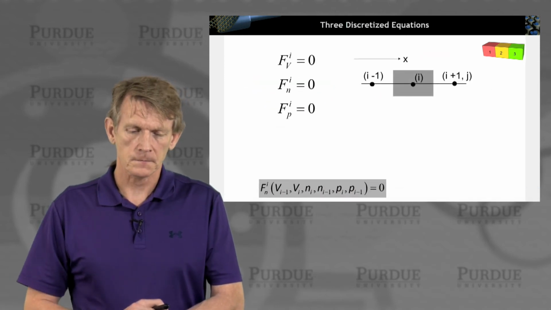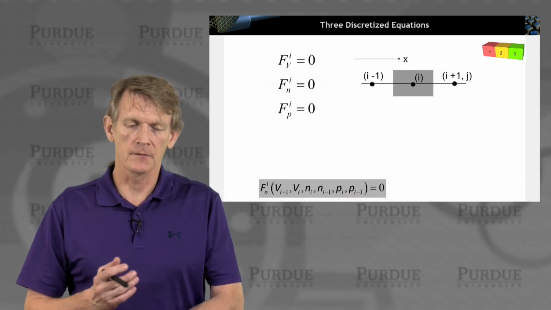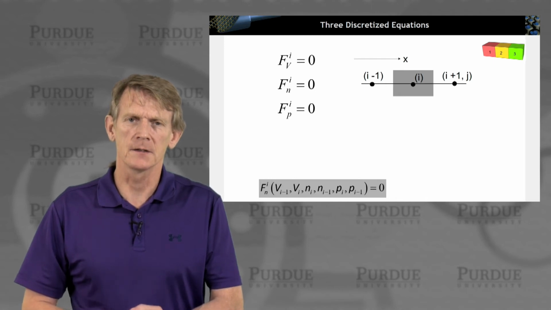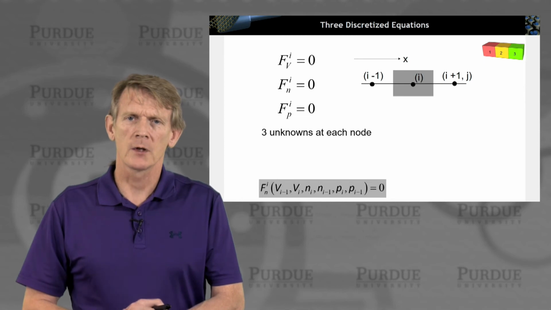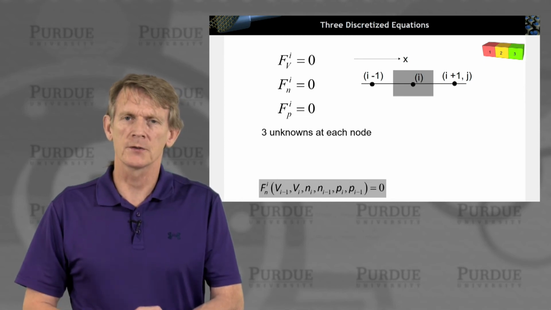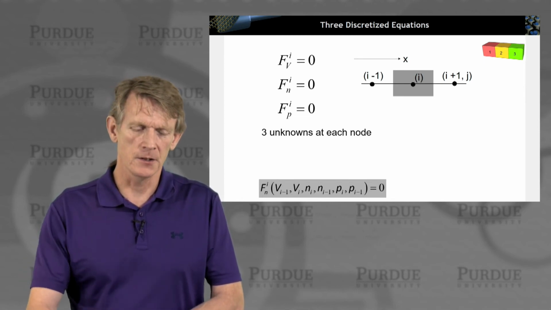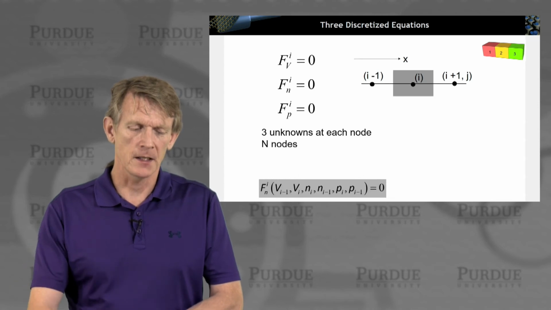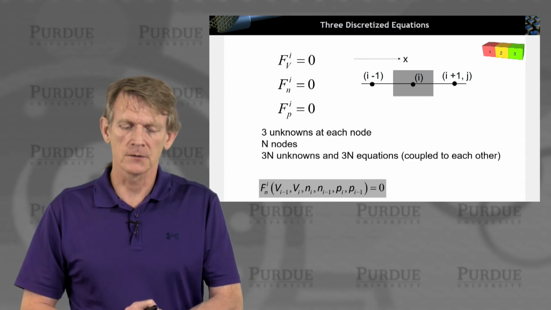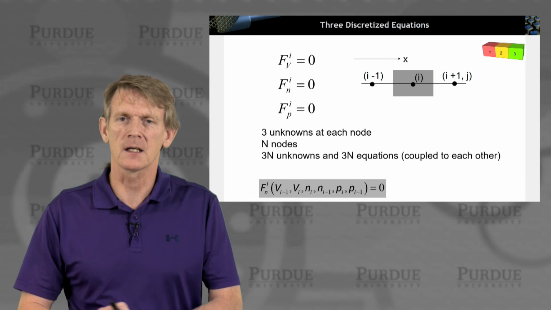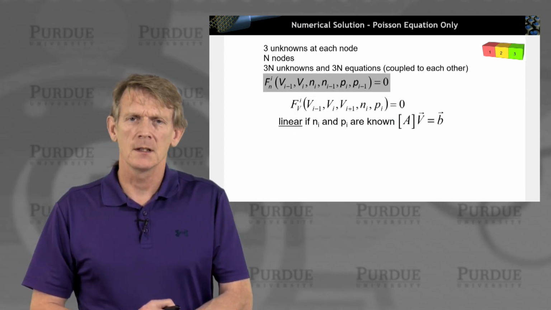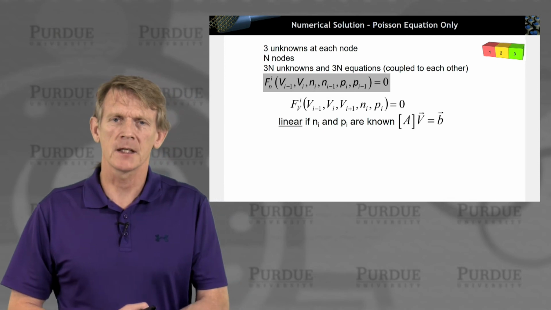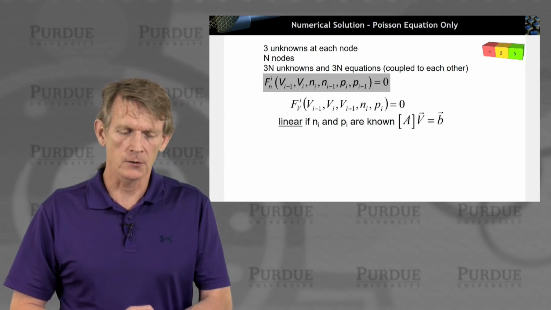Now, we can do the same thing for the holes, of course, and we have these three expressions. And what we're after now is that we want to compute three unknowns at each node. We have these n nodes, and we have three unknowns and three n equations that are coupled to each other. All right, so let's consider, for example, again, the potential here, where we started out from.